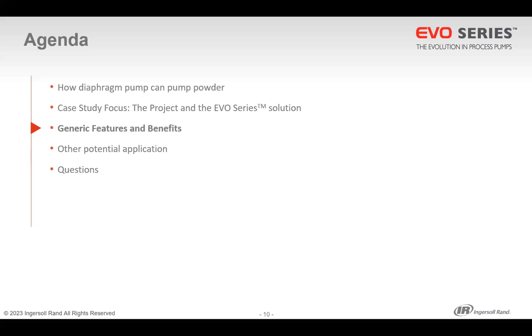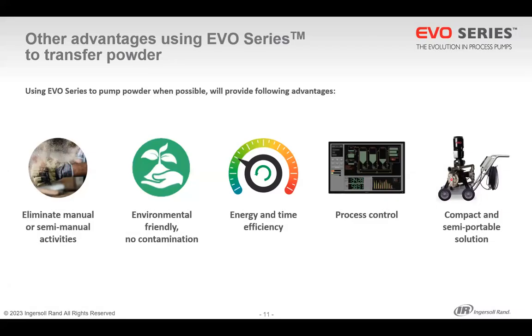Other generic features and benefits of using the EVO pump for pumping powder. Of course, you can eliminate manual or semi-manual activity with risk of people getting contaminated or even just fully dirty. So you get a more environmentally friendly pump, less contamination, cleaner environment.